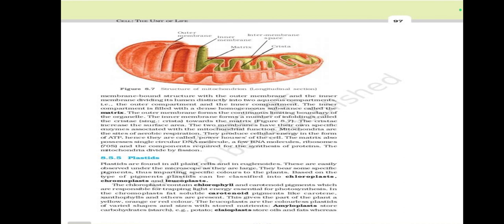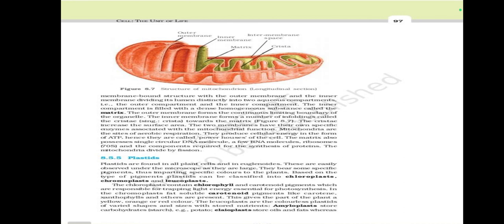The outer membrane forms the continuous limiting boundary of the organelle. The inner membrane forms a number of infoldings called the cristae towards the matrix. Figure 8.7. The cristae increase the surface area.